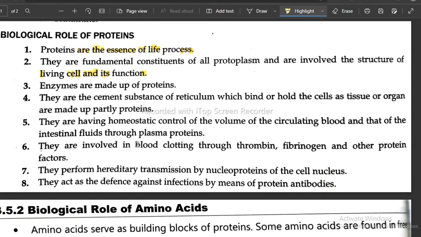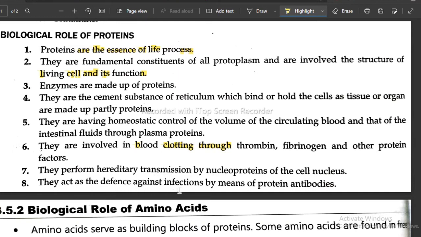Sixth role is they are involved in blood clotting. This is very important. They are involved in blood clotting through thrombin, fibrinogen and other protein factors. Seventh role is they perform hereditary transmission by nucleoproteins of the cell nucleus.